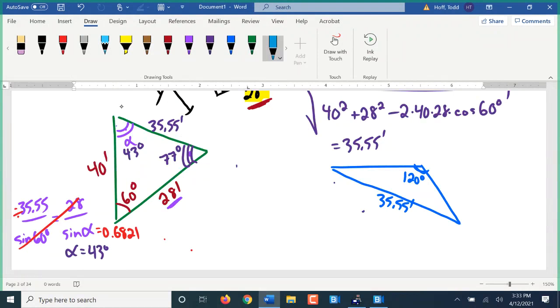But remember, the other triangle we're looking at used to be attached to it like this up here. This was a right angle. That means this angle right here is 90 minus 43.